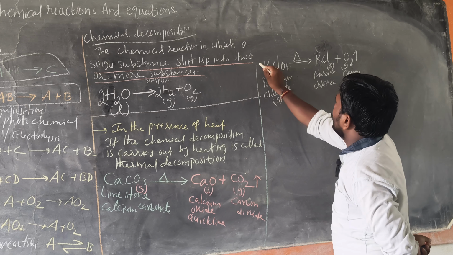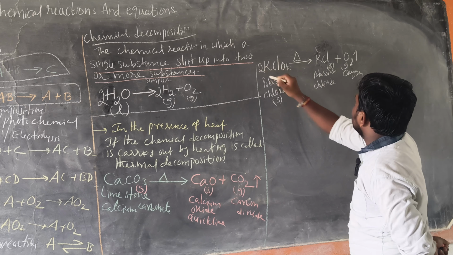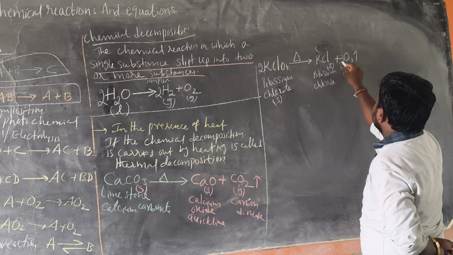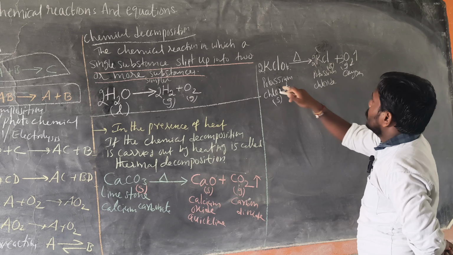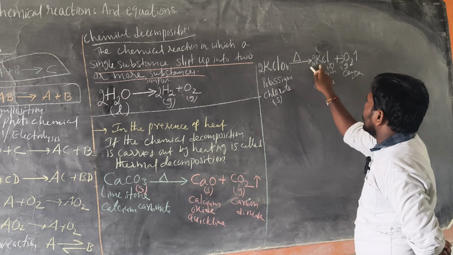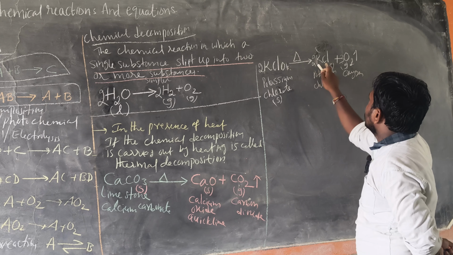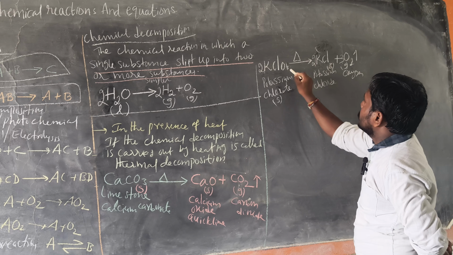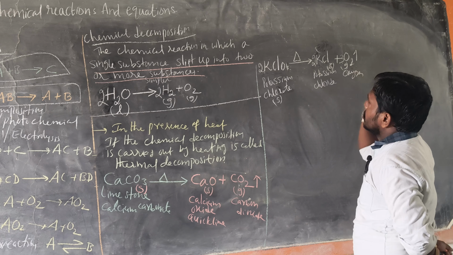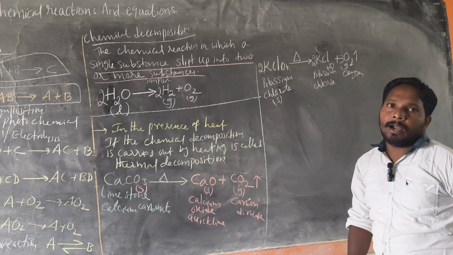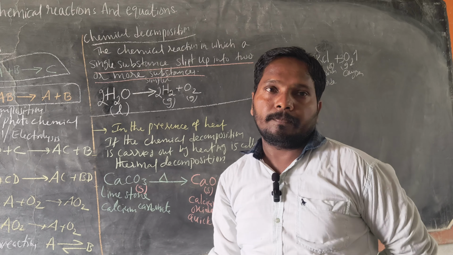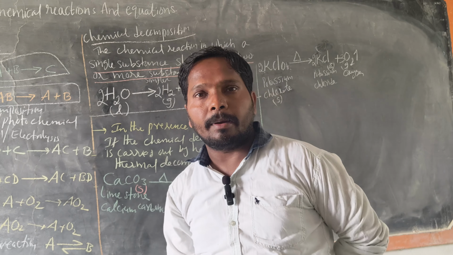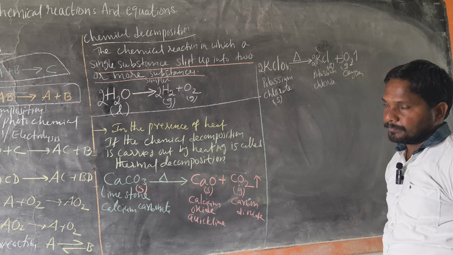If you write 2 here, then 2 times 3 is 6, and on the other side 3 times 2 is 6, giving 2 potassium and 2 chlorines. Then it is a balanced chemical equation.